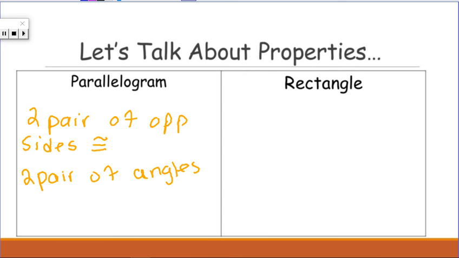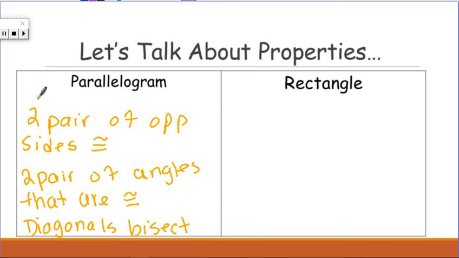Sorry guys, angles that are congruent. The diagonals bisect, and it has 2 pairs of parallel lines or sides.